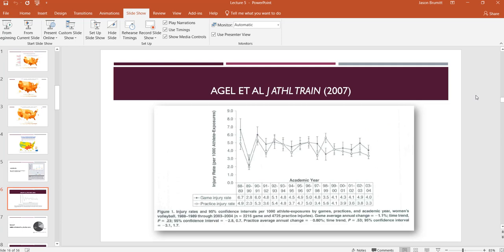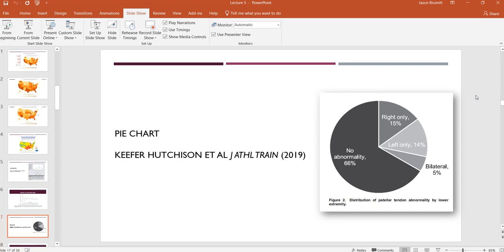And here's another example of a line graph showing the injury rate in college athletes, comparing game and practice rates over a 14-year period. Pie charts. This was a paper that we did looking at patellar tendon abnormality, published in the Journal of Athletic Training.